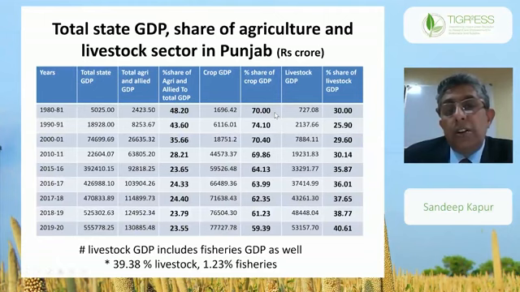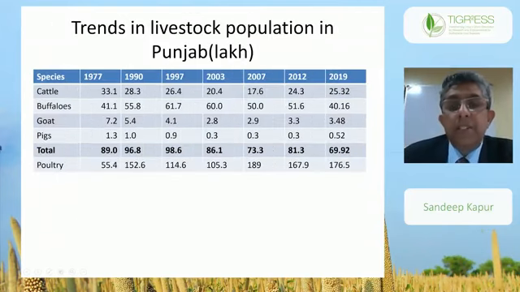And look at the share of the crop. The crop is continuously coming down, from 70% to about 59%. And the share of livestock has moved up from 30% to roughly about 41%.